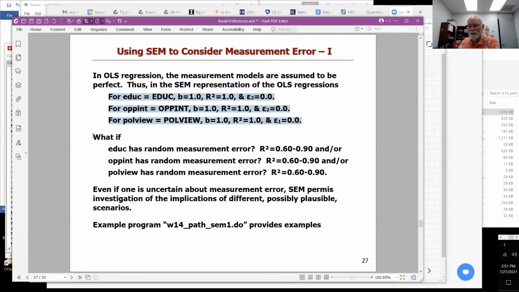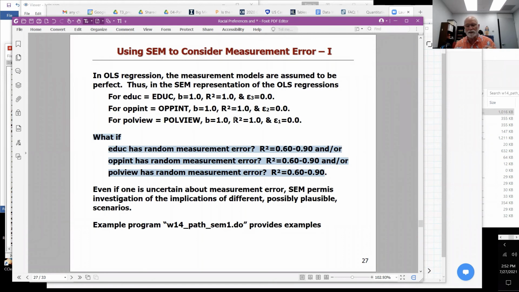It may not be easy to test what the true measurement model is. Measurement models have a framework all of their own, which I've glided over here. But what you can do is that you can use SEM. Well, if you implement the OLS regression approach in SEM, you would have to assert the single indicator measurement model with perfect measurement.